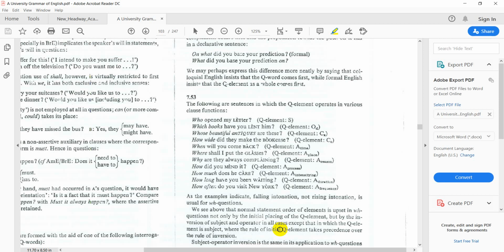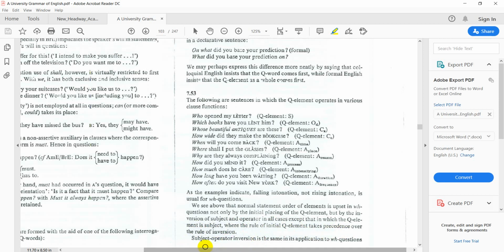And as we explained with yes/no questions, if there is no operator, we can depend on the verb do. So there is an inversion of subject and operator in all cases, except that in which the Q element is the subject, where the rule of initial Q element takes precedence over the rule of inversion.